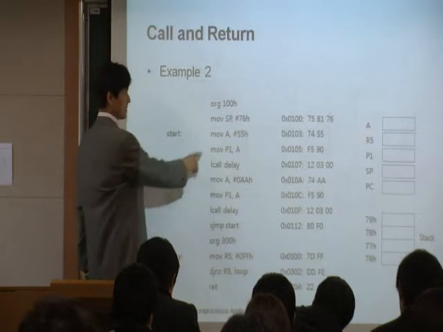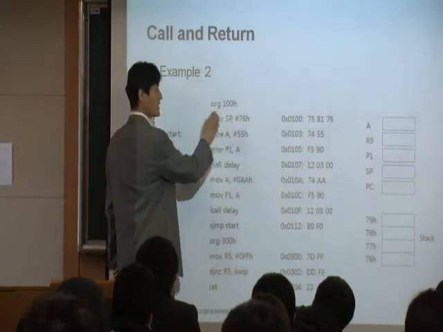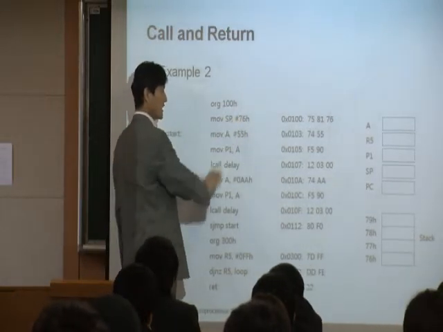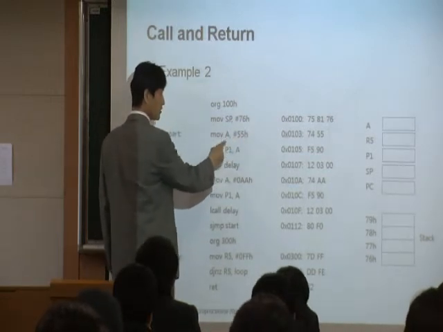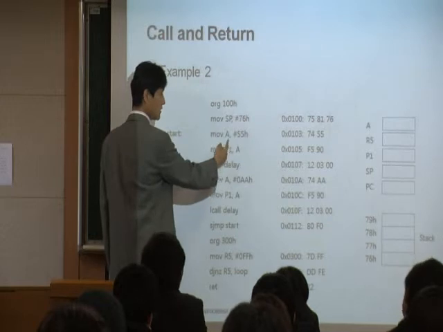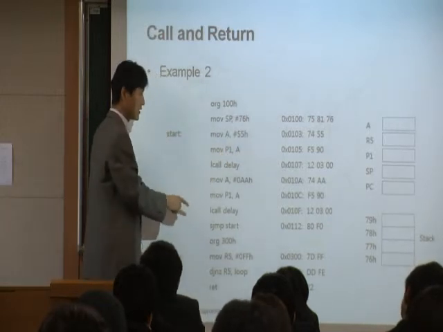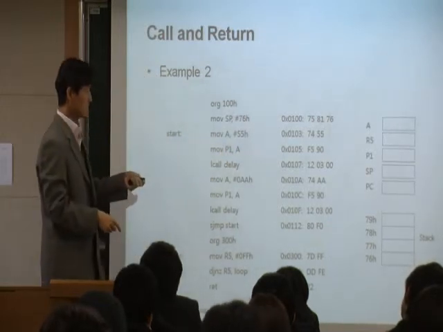Okay, now let's see. The first line, we are setting the stack pointer. This is my bottom address of my stack. I copy the value 55 into A and copy that value into port 1. Let's call delay.